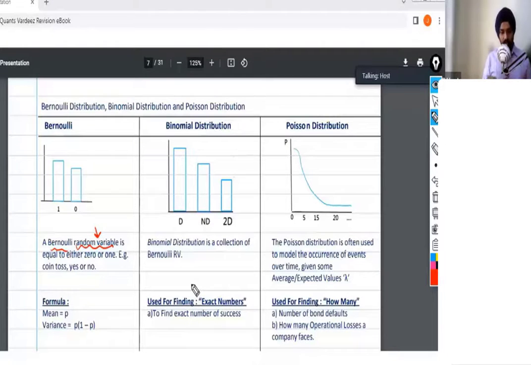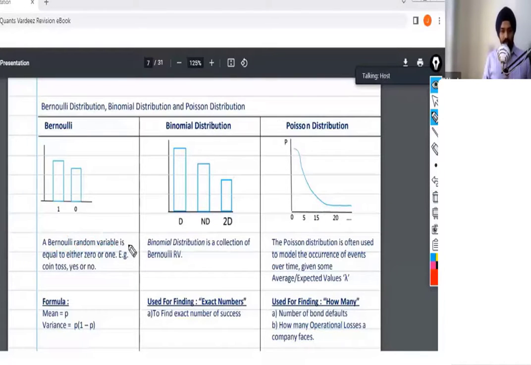So we can say that a coin toss is a Bernoulli random variable. What about the default of a bond? We can say that the bond can either default or it can survive. Only two possible outcomes, right? A company can either survive or file for bankruptcy. So when we have just two possible outcomes, we classify them as a Bernoulli random variable.